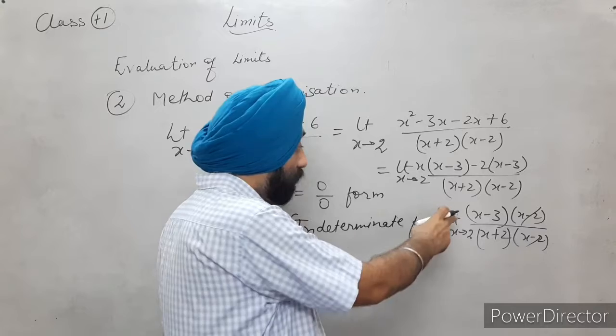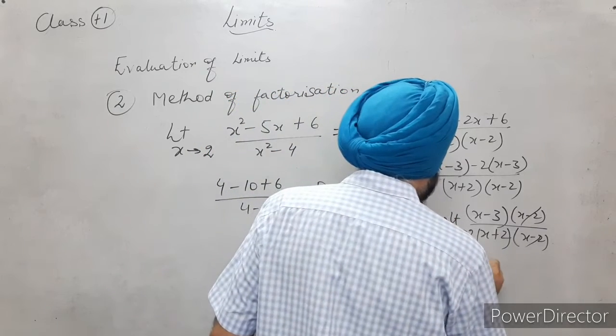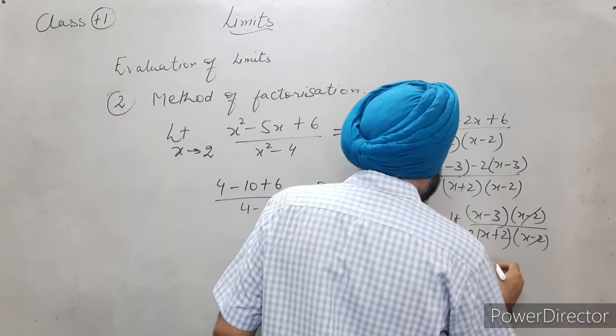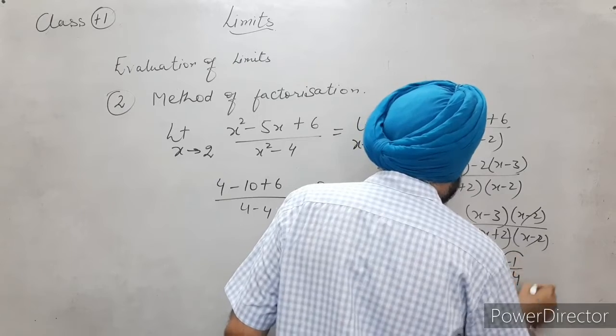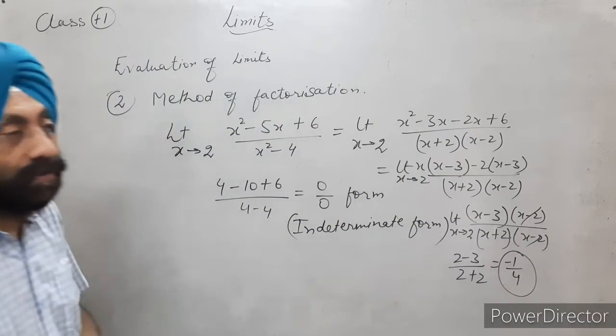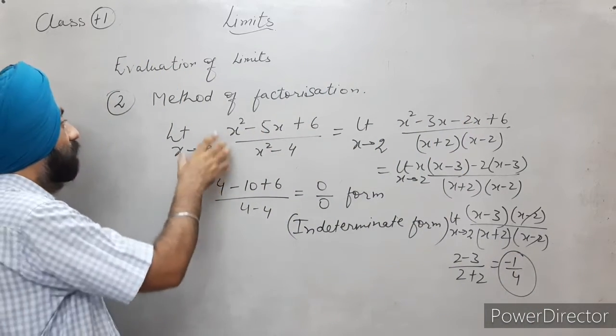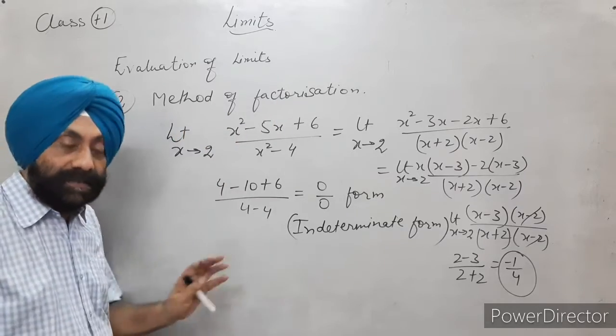Now substitute the value of x as 2. I get (2 minus 3) over (2 plus 2), which is minus 1 by 4. This is the answer. This is how we evaluate the limit using the method of factorization.